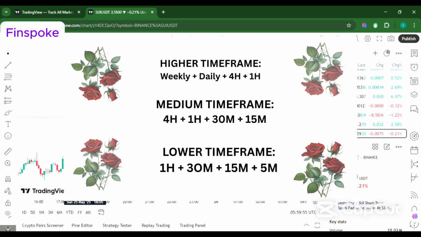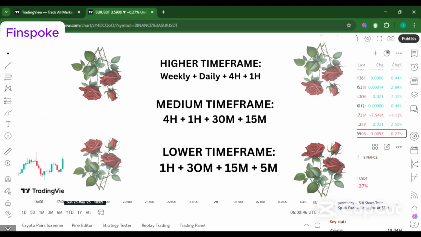Mostly used by swing traders. So this particular time frame gives a directional bias. Here, what you do is to find out where the market is going. It gives you a bigger picture of the direction.